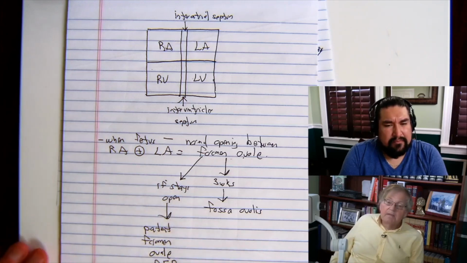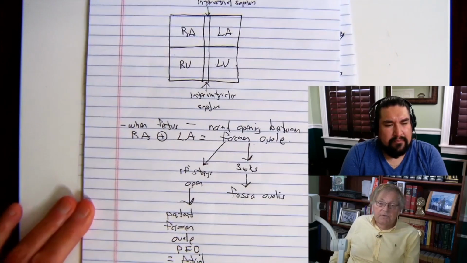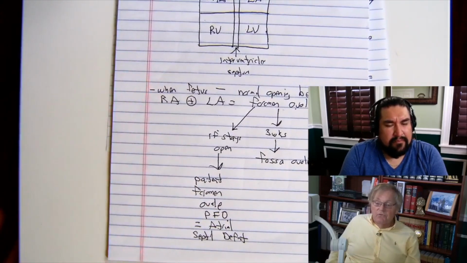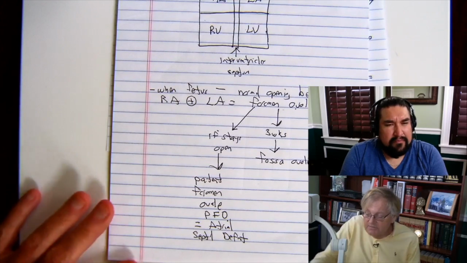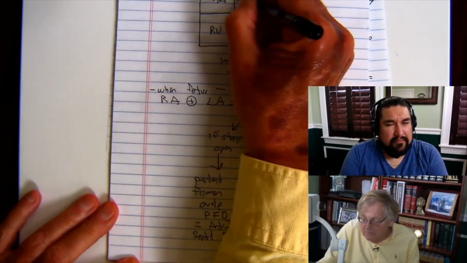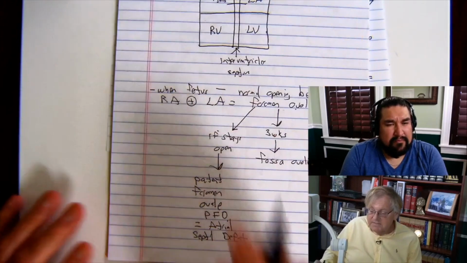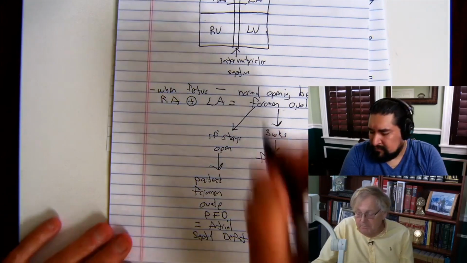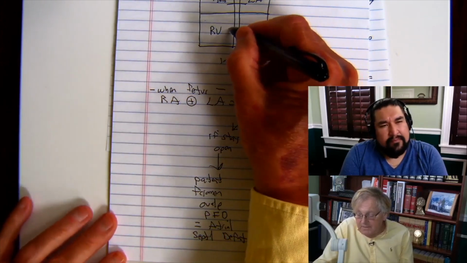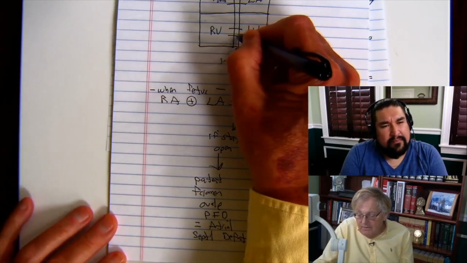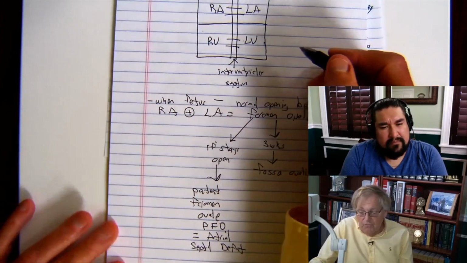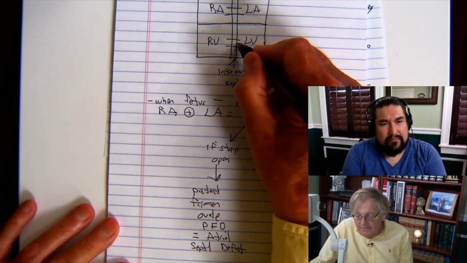Now, there's one other thing that you can see in this drawing that you want to understand. This was that opening that was here as a fetus that closed up normally at birth. But a child could be born with an opening between the left ventricle and the right ventricle. That is never, ever, ever normal. That's only pathologic.